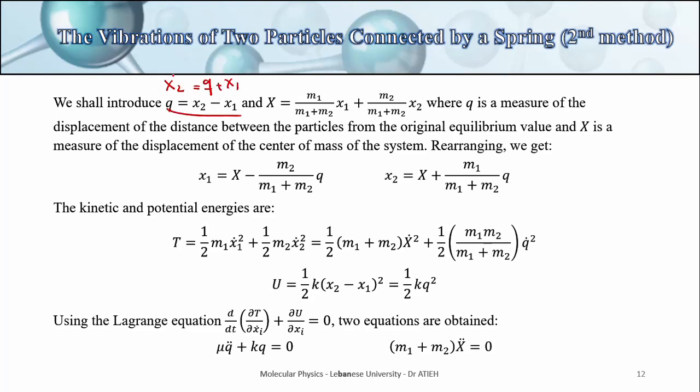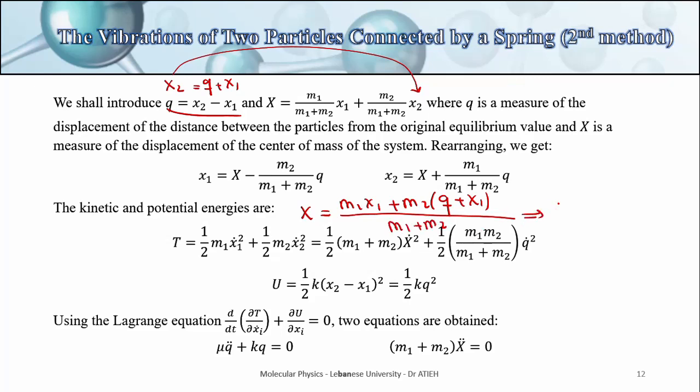And then I'm going to insert x2 in the second equation. So I will get x equals m1 x1 plus m2 times q plus x1. I'm trying to get rid of x2 and keep only x1, to find x1, over m1 plus m2.